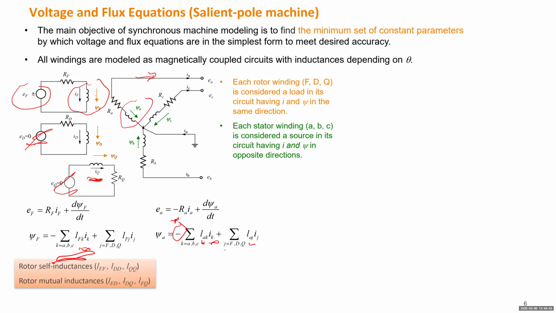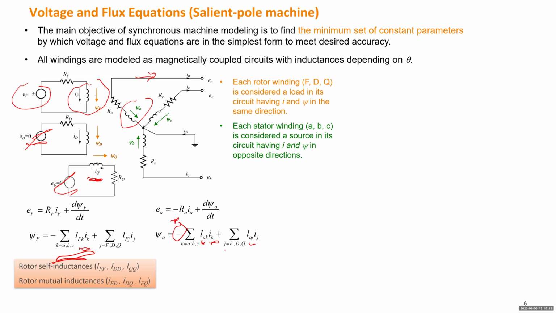Okay, to summarize, we have so many parameters to model this generator, which are basically those self and mutual inductances, such as L with two letters. The two letters categorize which two windings we're talking about. If it's about the rotor, it will have rotor self-inductances, so the two letters are identical: LFF, LDD, and LQQ.